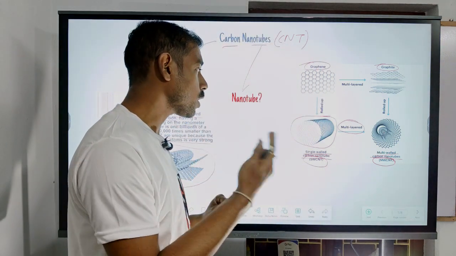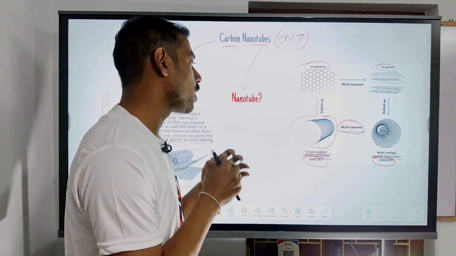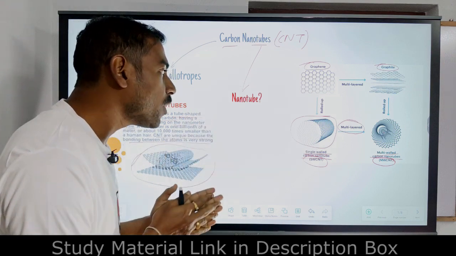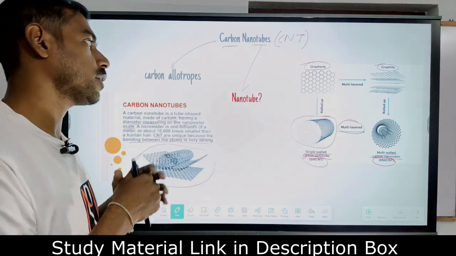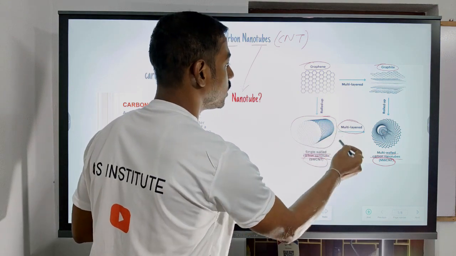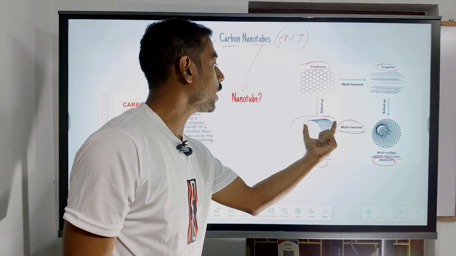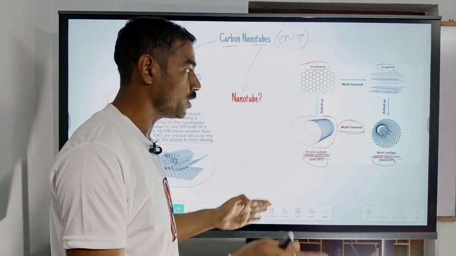Now coming to the next point, that is these carbon nanotubes are often close-ended, but they can be open-ended also. Like whatever I have shown you in this picture, both ends of this carbon nanotube are actually open-ended.